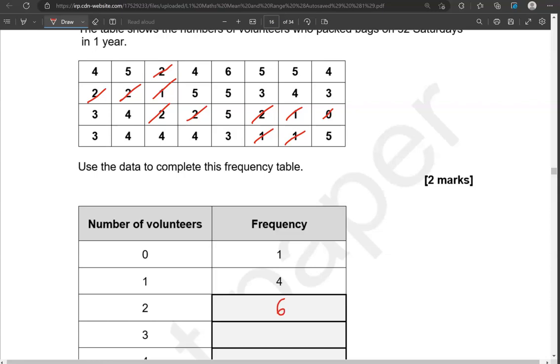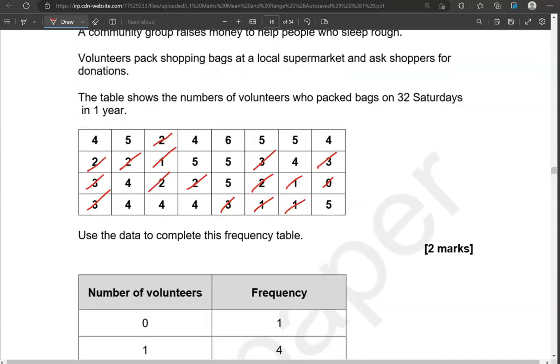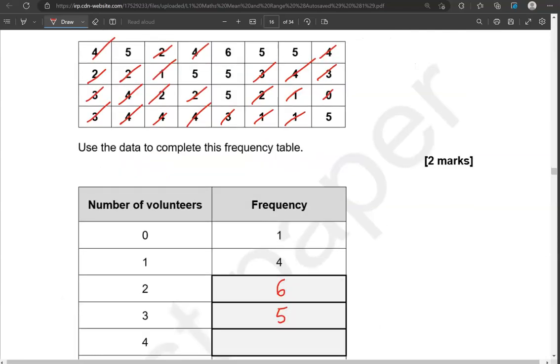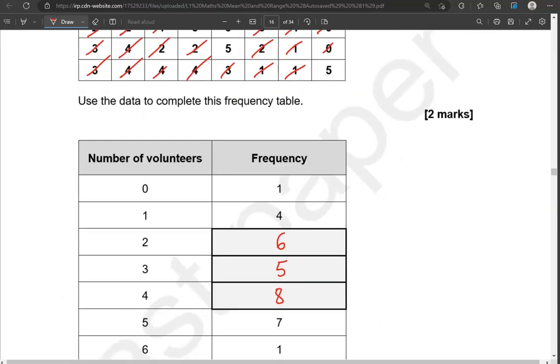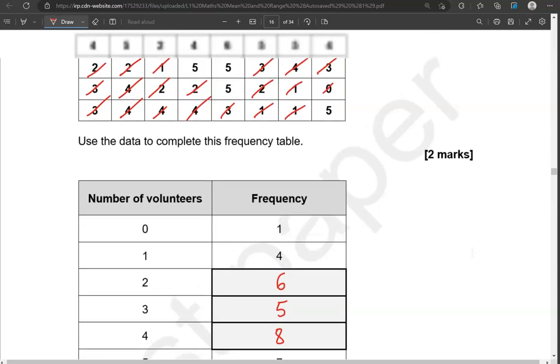Number of volunteers 3, we get 1, 2, 3, 4, 5. Number of volunteers 4, we get 1, 2, 3, 4, 5, 6, 7, 8. Let's double check for 5.